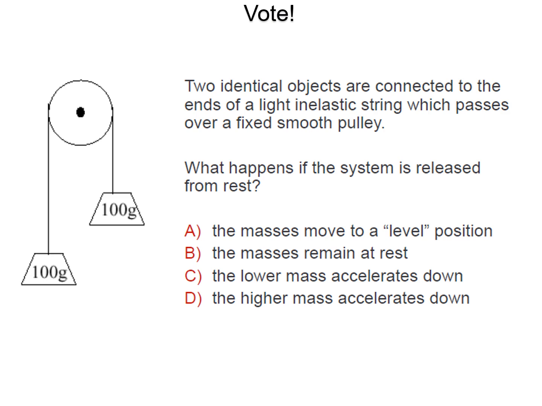We've got our string going over the pulley and a 100 gram weight on both ends of the string. What do you think happens if it's released from rest? Is it A, the masses move to a level position, B, the masses remain at rest, C, the lower mass accelerates down, or D, the higher mass accelerates down? Have a little think and decide which one you're going for, A, B, C or D.